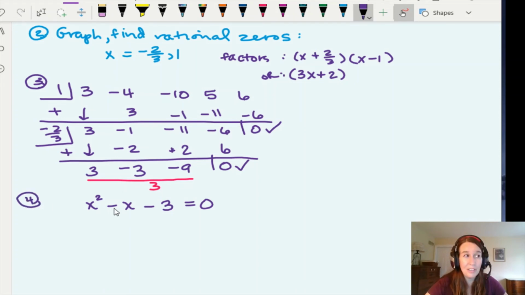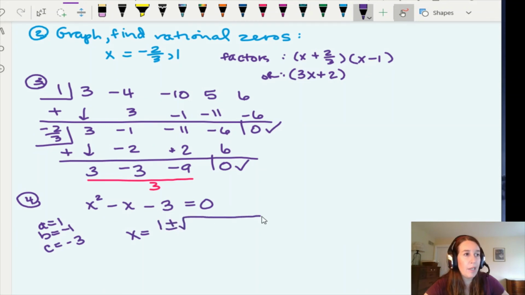I'm trying to go a little faster, even though these problems do take forever, because we've done them a couple times. So you would either factor this, but of course, it's not factorable, so you have to use the quadratic formula. So a is equal to 1, b is equal to -1, and c is equal to -3. So do the quadratic formula here.